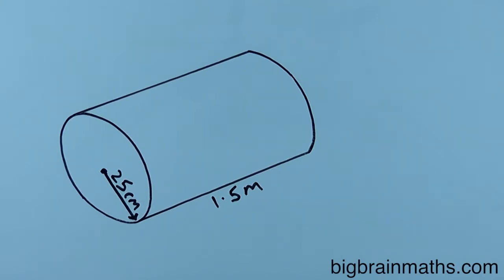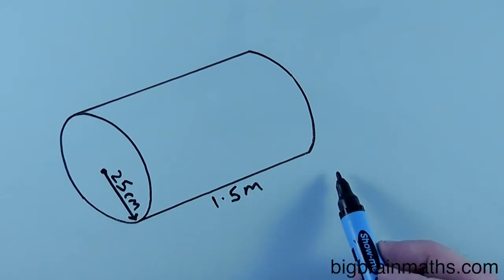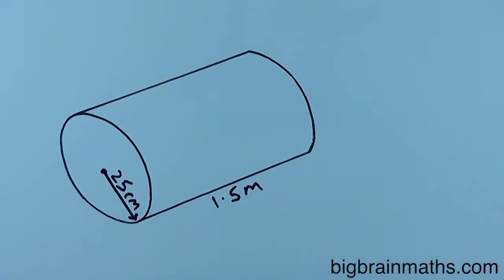In more difficult questions, they will give you the measurements in different units to try and trick you. You can see here that the radius of the cylinder is measured in centimeters, but the length of the cylinder is measured in meters. Now we cannot use measurements that are in different units when calculating the volume of a cylinder or when calculating the volume of any prism.